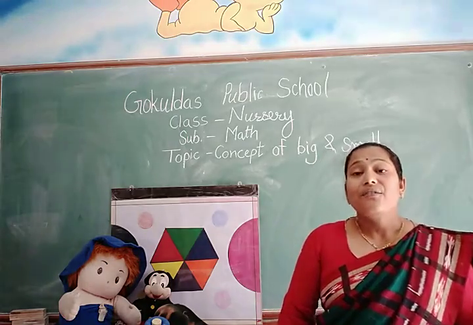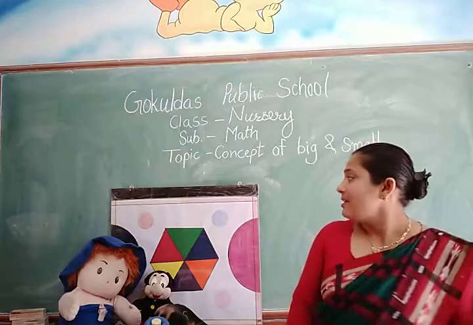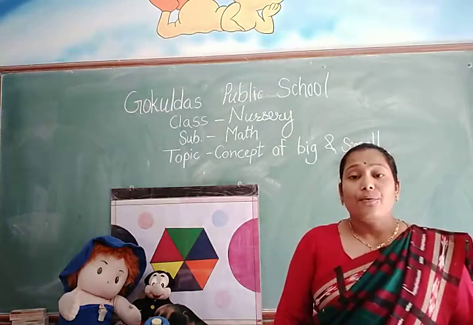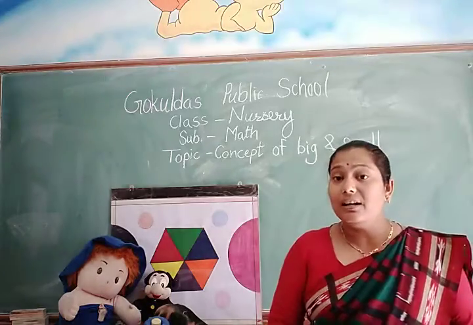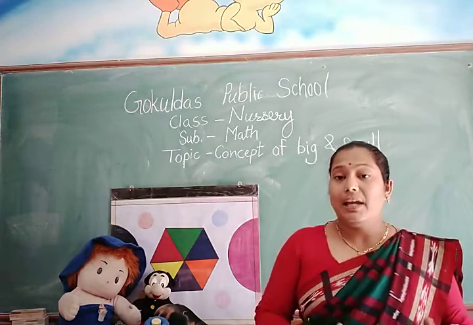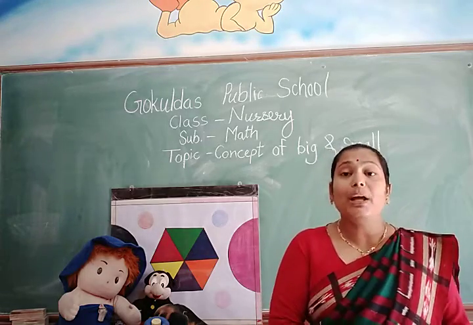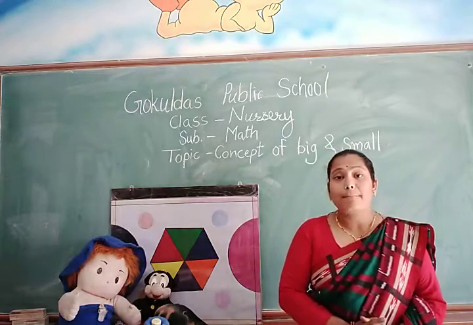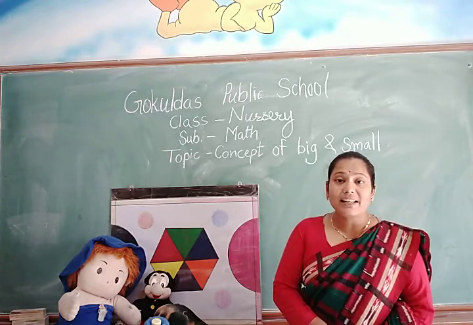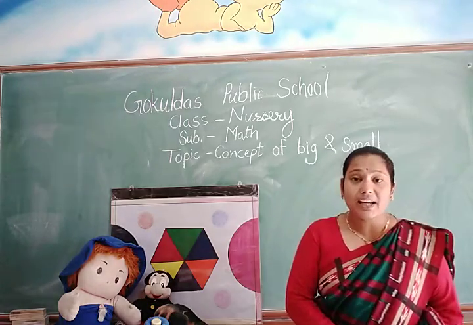Yes, very good. Now students, first you tell me, we had already learned the shapes. Which shapes had we learned? हमने इससे पहले वाले वीडियो में शेप्स पढ़े थे, मैथ्स के वीडियो में, है ना। तो हमने कौन से शेप्स सीखे थे?